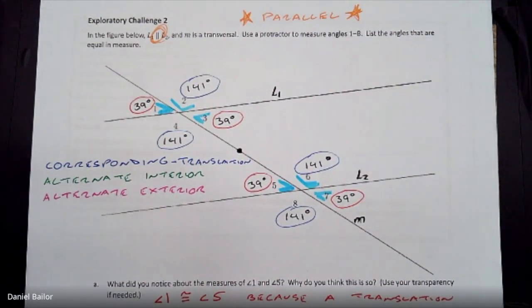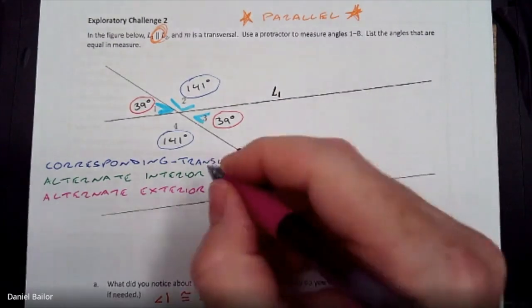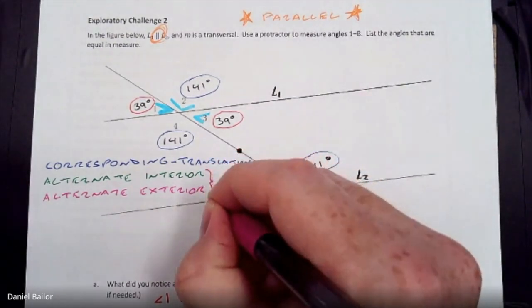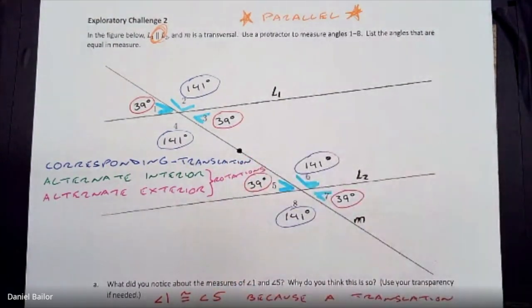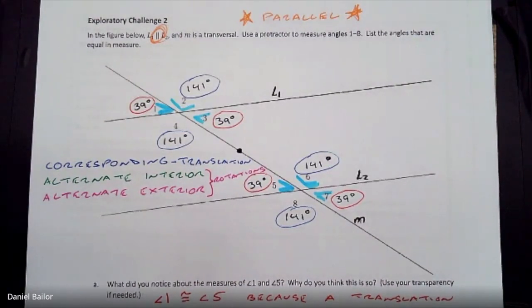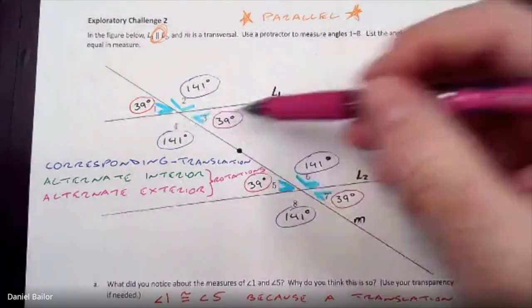Alternate interior angles and alternate exterior angles are both made with rotations. If they match with rotations, that's alternate interior and alternate exterior. The only difference is alternate interior are inside the parallel lines.